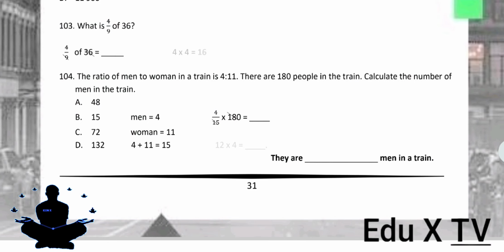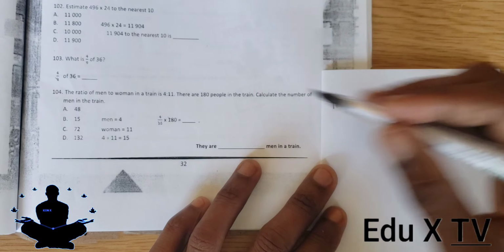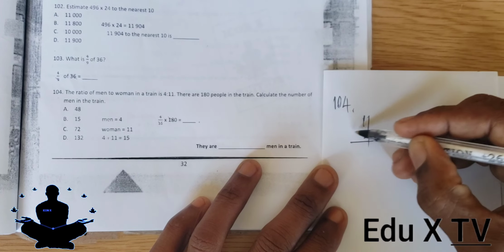Number 104. The ratio of men to women in a train is 4:11. There are 180 people in the train. Calculate the number of the men in the train. This is how we calculate it. You get to know the total of the ratio, which is 11 plus 4.